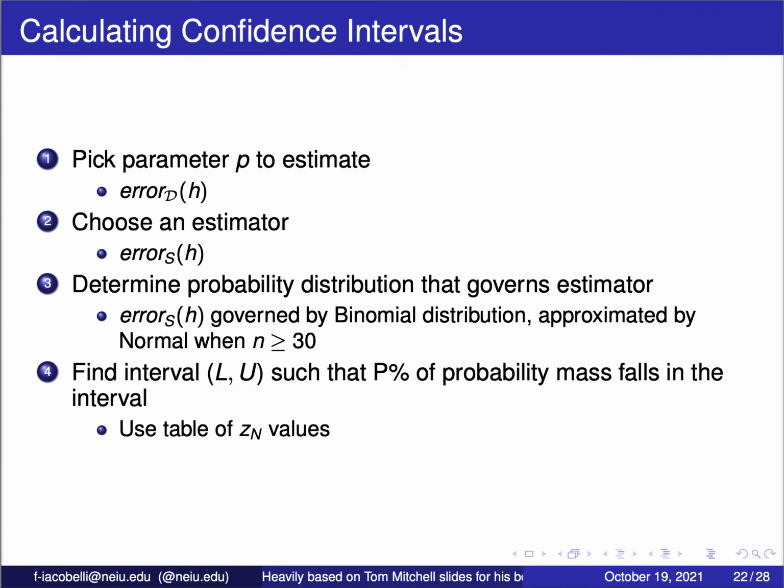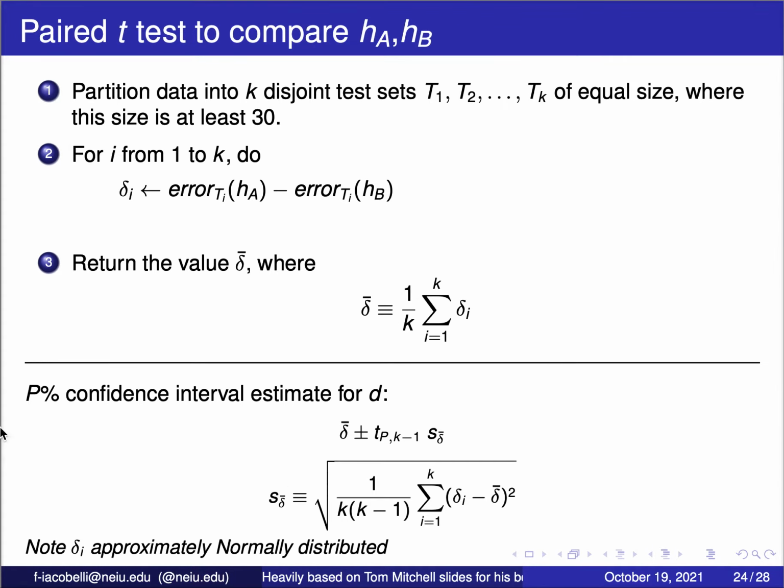Why is this useful? Well, if we want to compare learners, I'm going to skip these 2 slides, they say the same thing. We can use something called the T-test, which works when the things you want to compare are normally distributed. So if we have a high number of examples, we can assume that our error is going to be normally distributed, and we can compare them with the T-test.